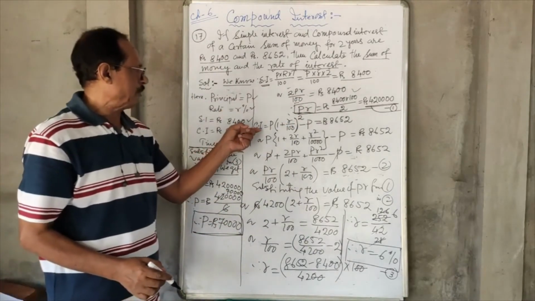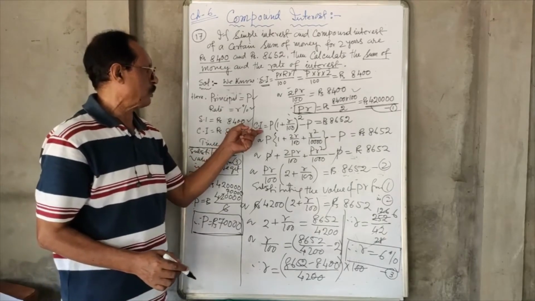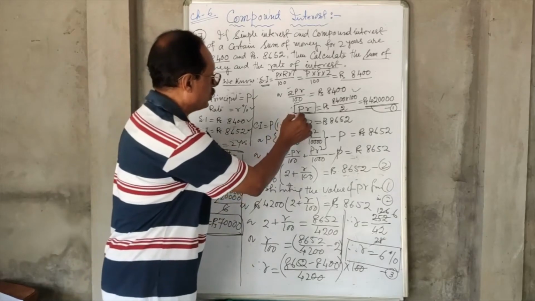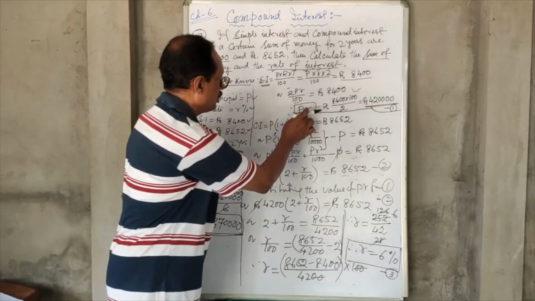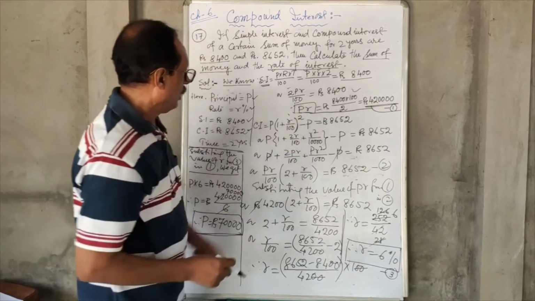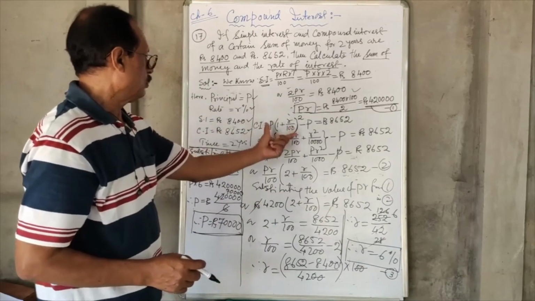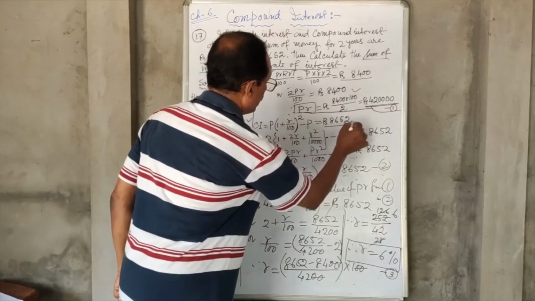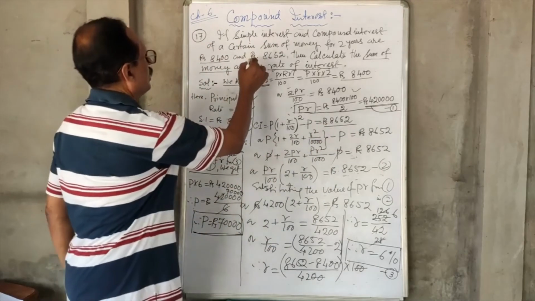Again, we come to the compound interest. The compound interest formula you know, P into 1 plus R by 100 to the power n. n is 2 here, the number of conversion periods is 2, minus the principal. The compound interest amount given here is rupees 8,652.